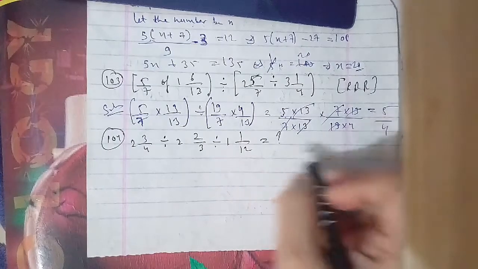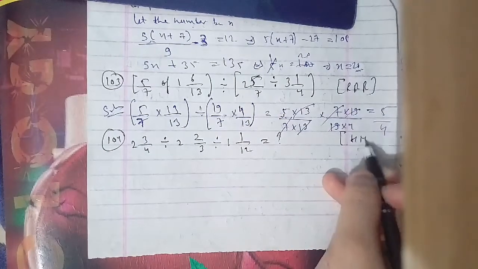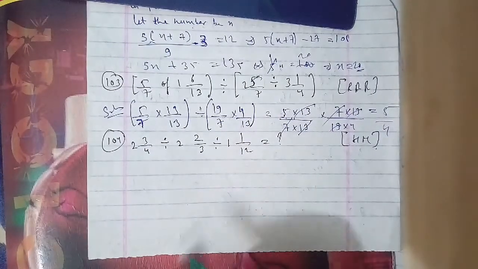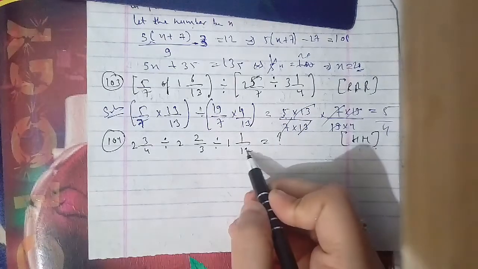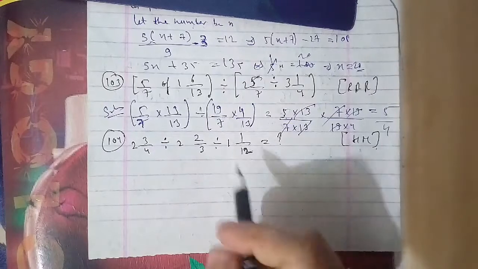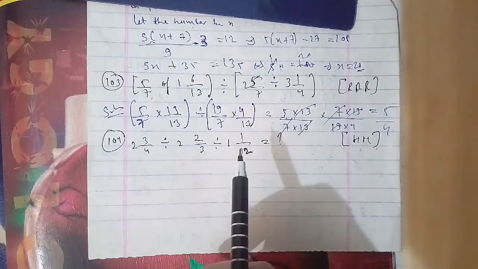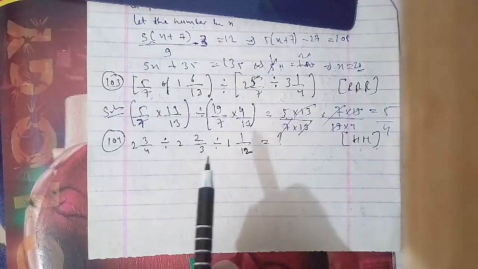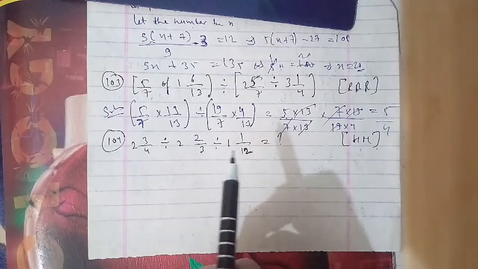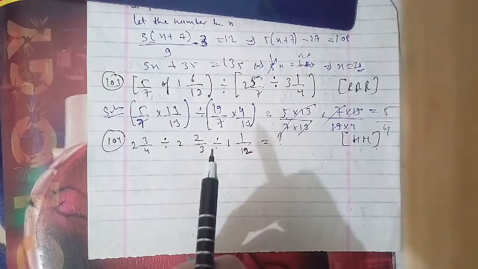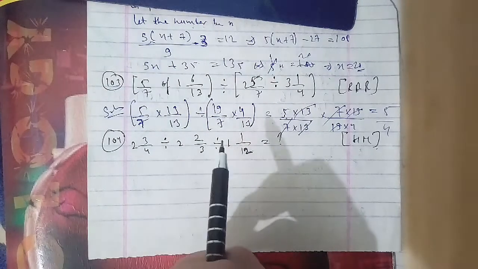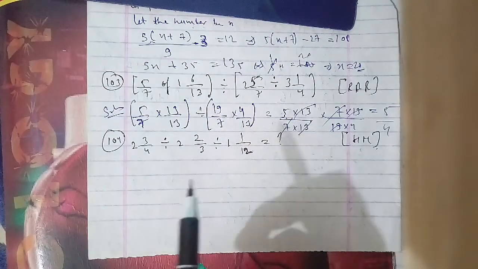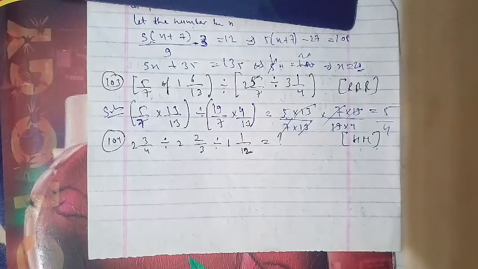This has been asked in the hotel management question paper, which is also an important paper for competition. The options are 39 upon 48, 1 1 upon 4, 169 upon 144, and none of these.